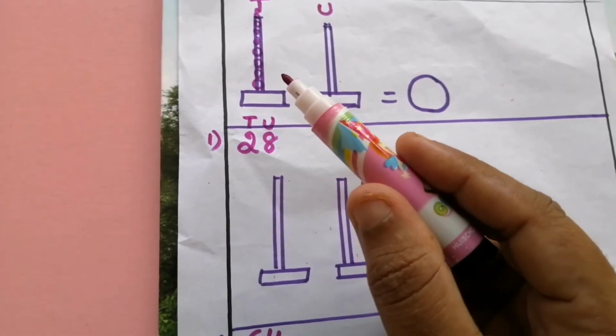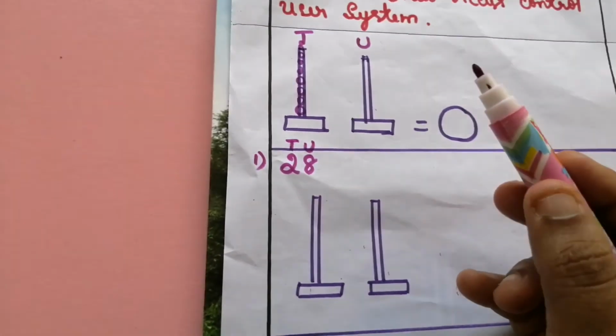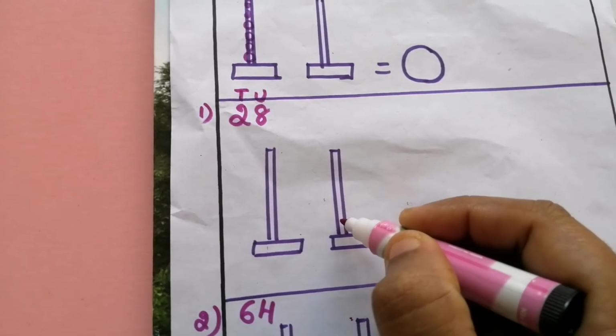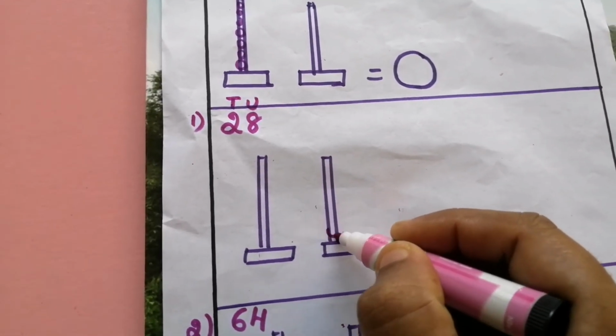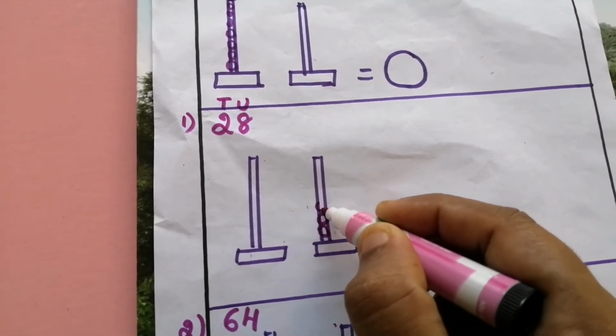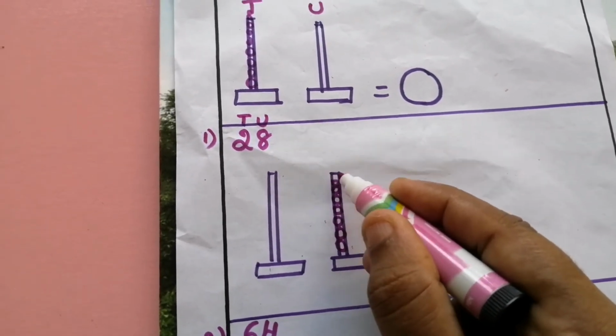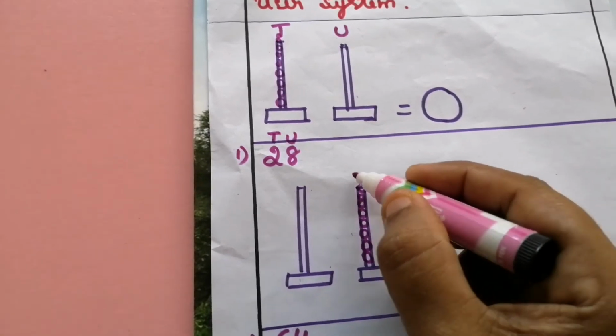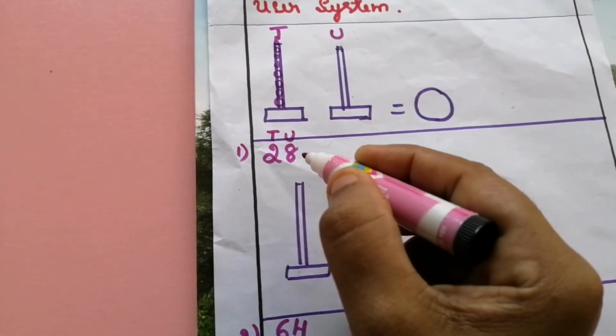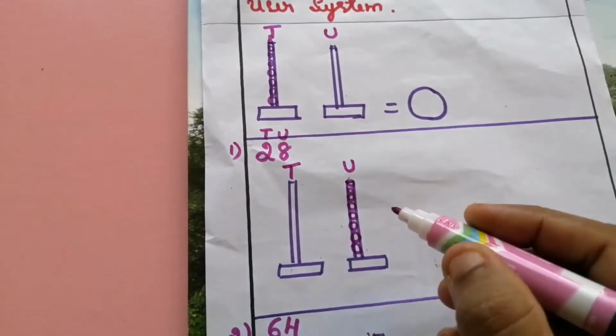Thus we have to draw 8 beads in ones column. 1, 2, 3, 4, 5, 6, 7, 8. 8 units and 2 tens.